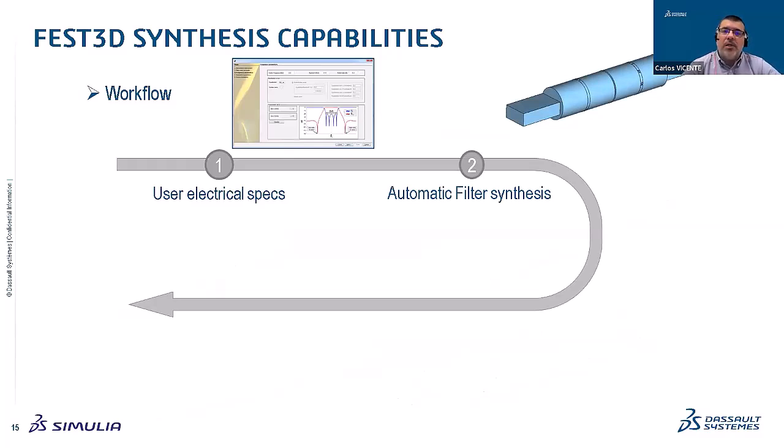We are not analyzing here the complete structure, but we are designing the device step by step. So we will design the input-output irises, we will design then the cavities in this case, and then we can maybe design again for these dual mode filters the cross couplings and so on. And you never simulate the complete structure until the end.